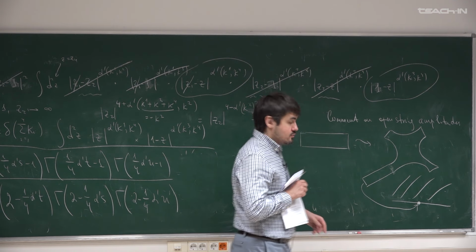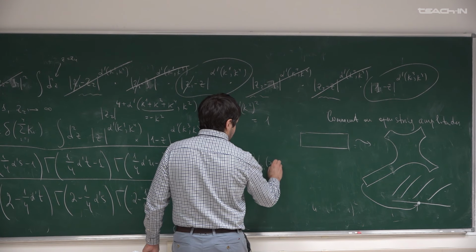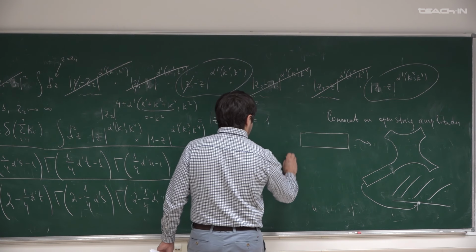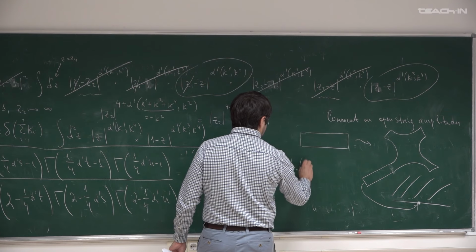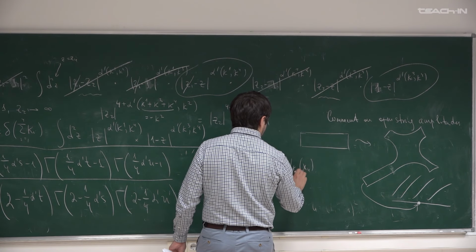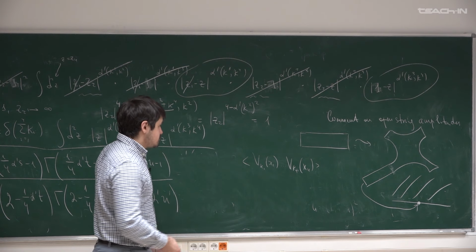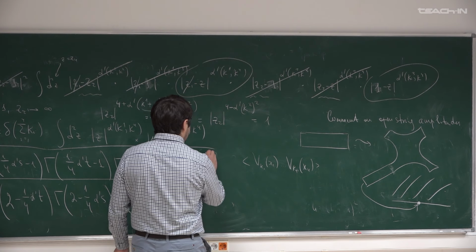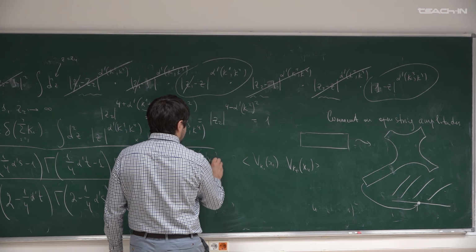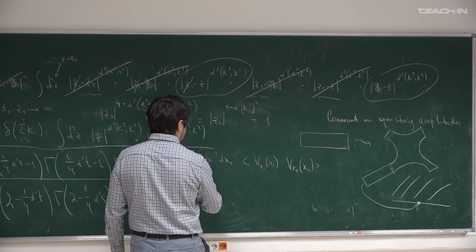So you compute a similar 4-point amplitude, where you have V_k1 of x1, etc., V_k4 of x4, and you integrate it over all points, dx1 to dx4, over the real line.